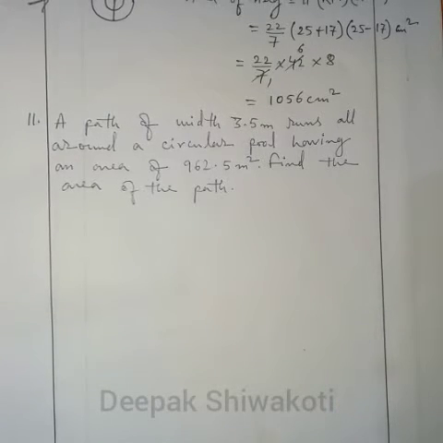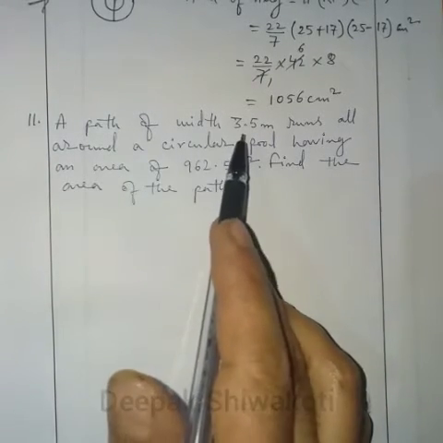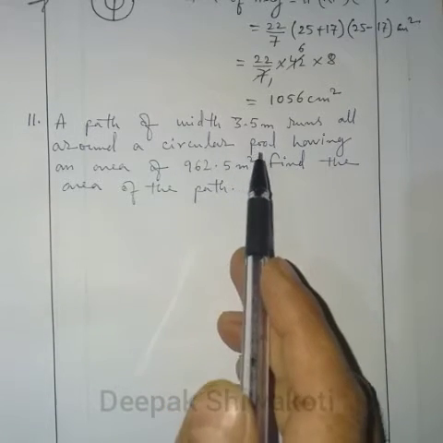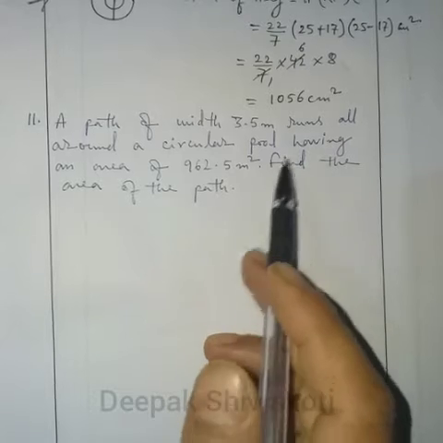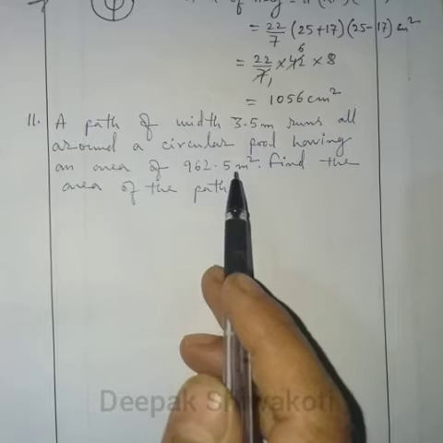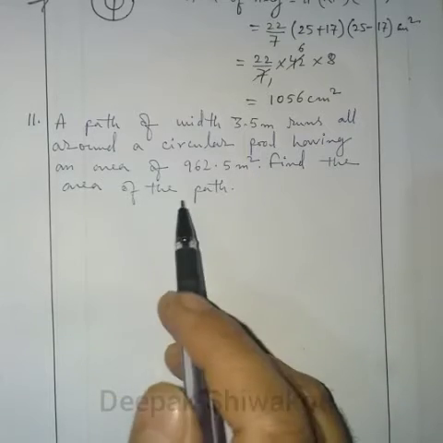Question number 11. A path of width 3.5 meter runs all around a circular pool having an area of 962.5 meter square. Find the area of the path.